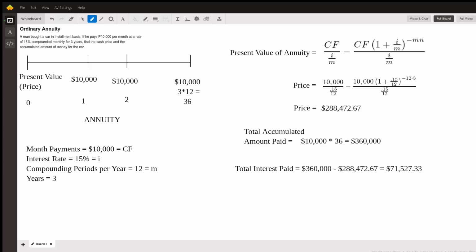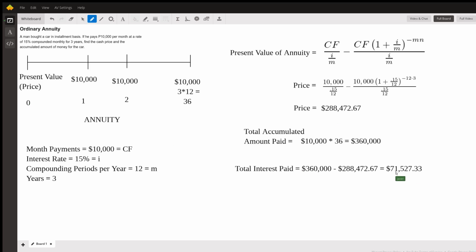That's because in order for us to essentially borrow money to pay for this car, we're going to be charged interest. And how much interest we will have to pay at the end of the day, we can calculate by taking the total amount that we pay, $360,000, minus the price that we calculated before, the value today of the car.